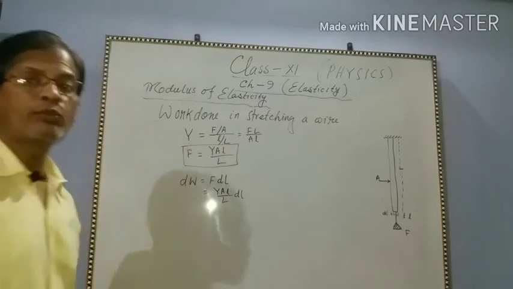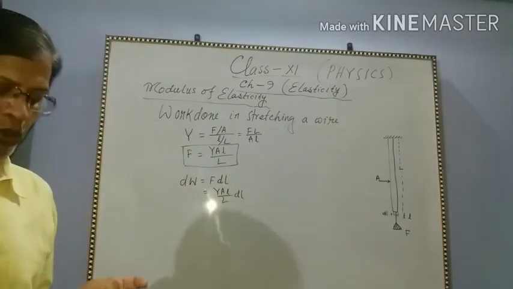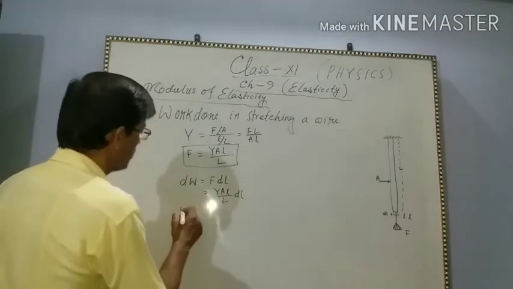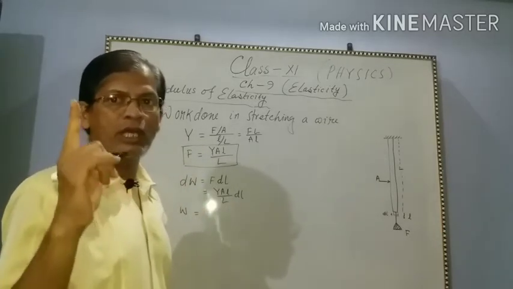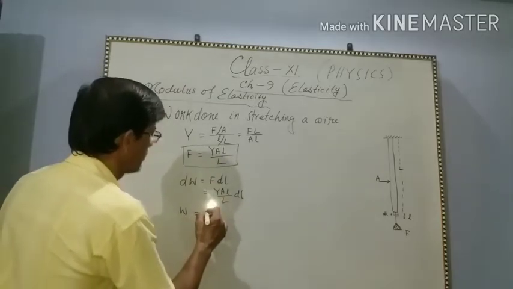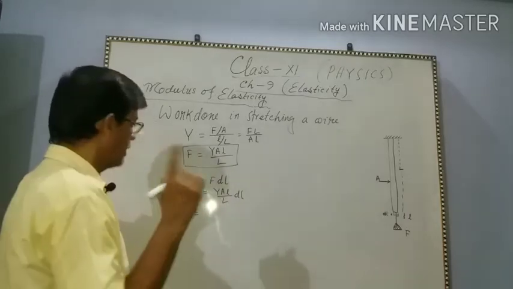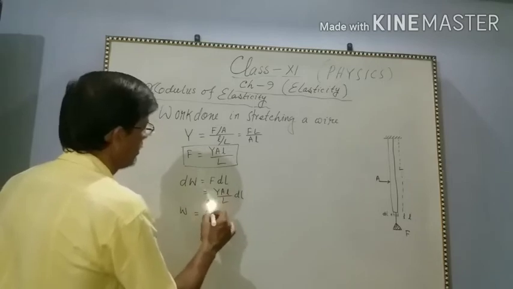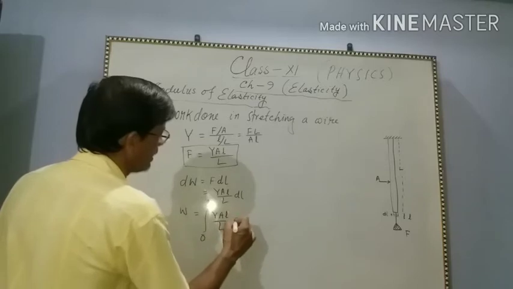Now what will be the work done for stretching the wire by length l? W equal to the integral from 0 to l of Y A l by L dl.